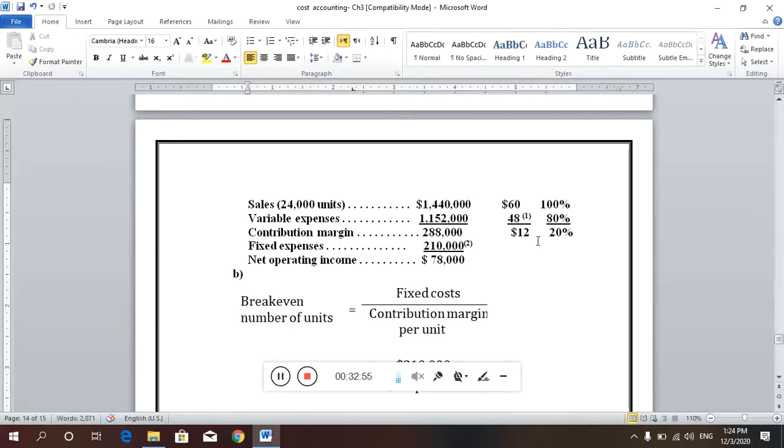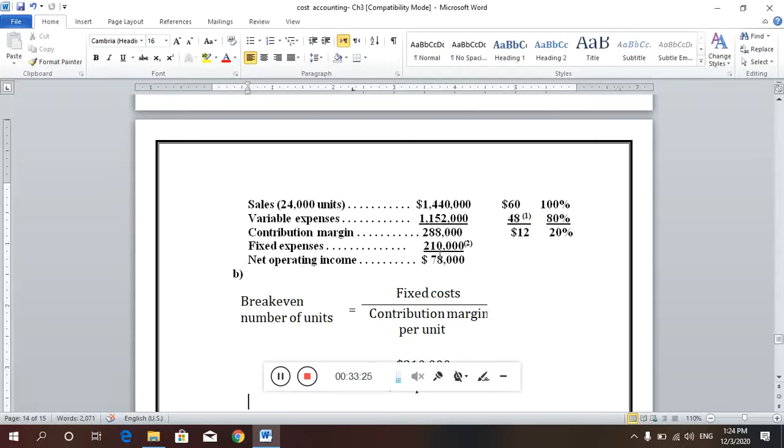The variable costs per unit were $45, increased by 3, so they become $48 per unit. So the percentage of sales is 100%, and the percentage of variable costs is 48 divided by 60, which is 80%.